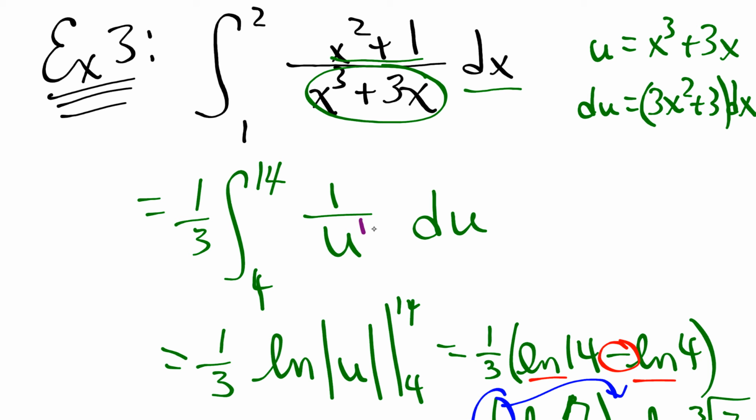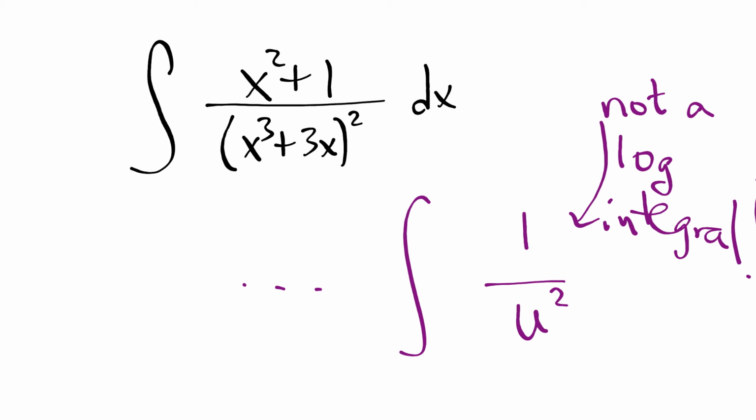That becomes a key for us. That's the only situation where we reach into our box of tricks and think it's time for a log. This is not a scenario where a log pops up, and I hope that that is helpful to you.